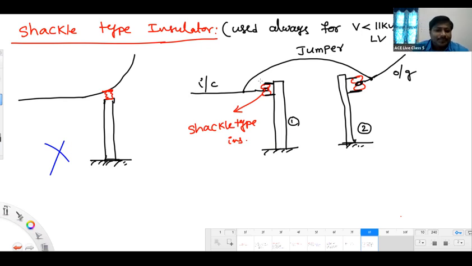See, actually, listen. What's the purpose of the shackle type insulator? In order to increase the mechanical stability of the power conductors on the poles.